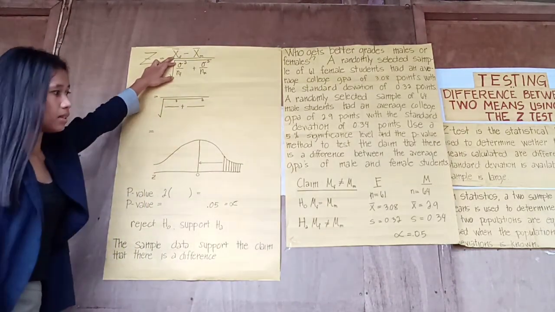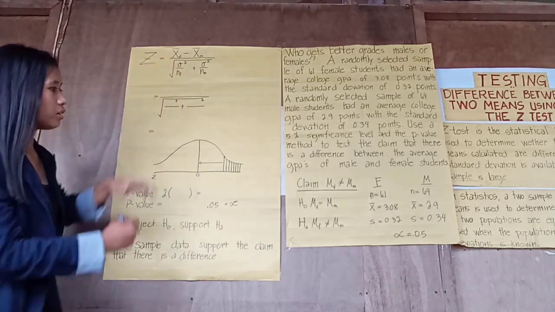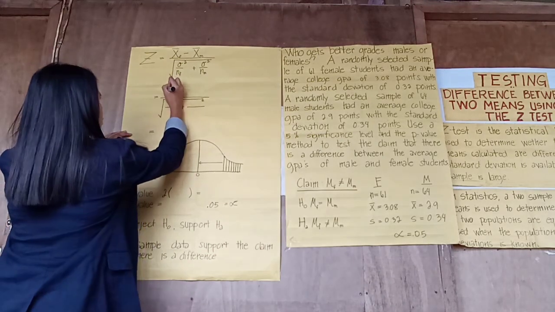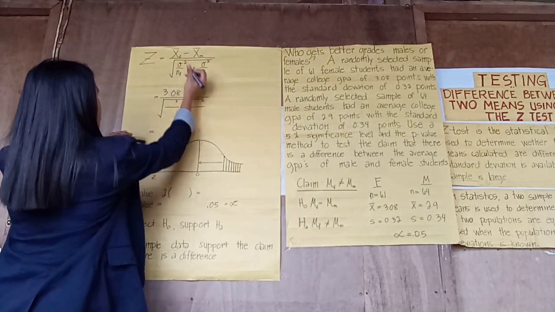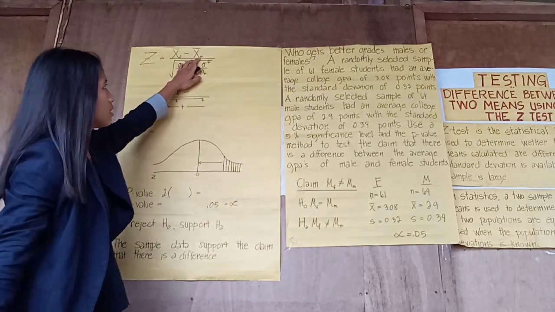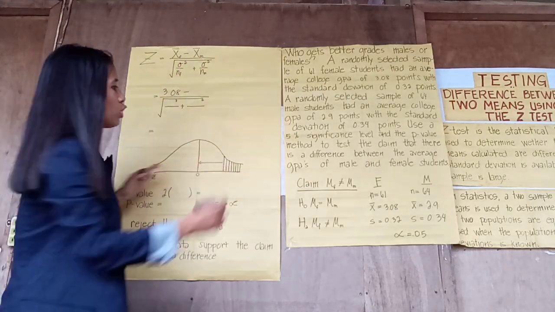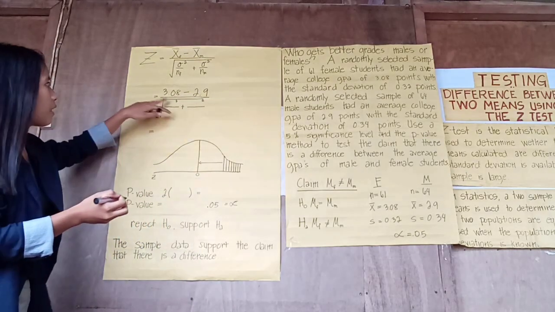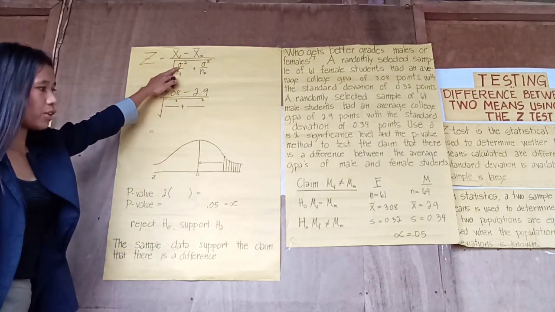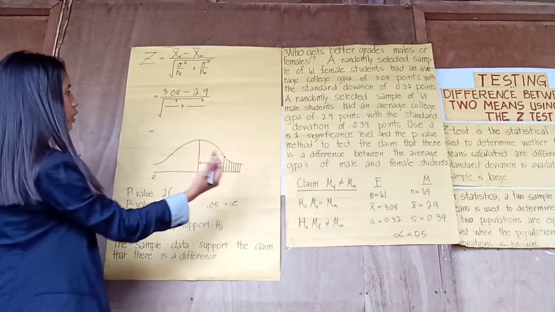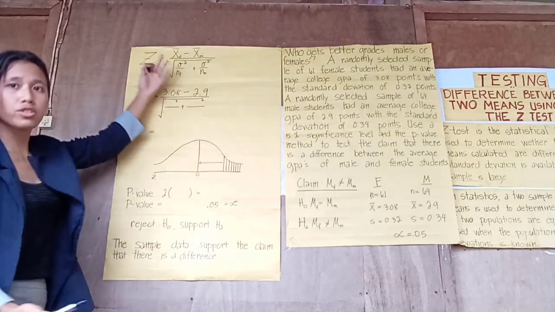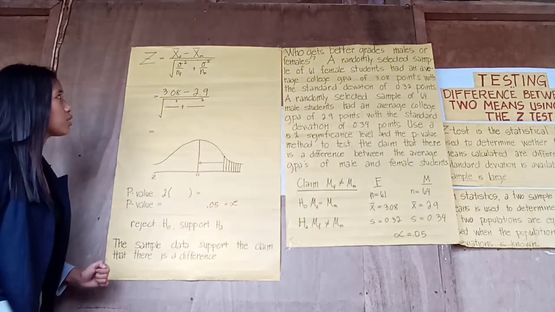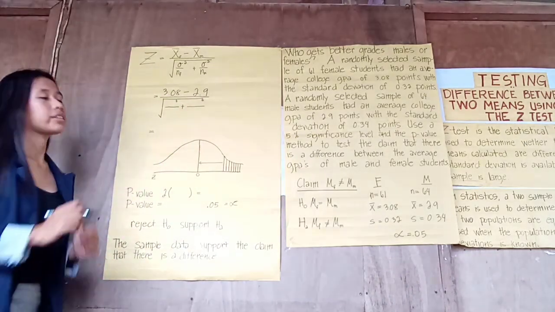So X bar, the mean for female, we have 3.08. So 3.08 minus the mean of male, we have 2.9, and then the standard deviation of male, we have 0.34. Dapat ang formula dyan ang inyong mabawaan dyan ninyo ang formula, masagot dyan ninyo ang inyong pattern. Okay?